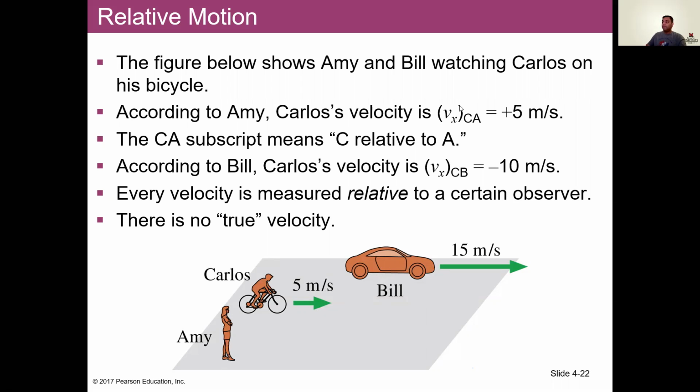So if you're moving from left to right, Bill is going to see that Amy is actually moving from right to left. And similarly, Bill is going to see Carlos is also moving from right to left, but with a slightly slower velocity with respect to Amy.